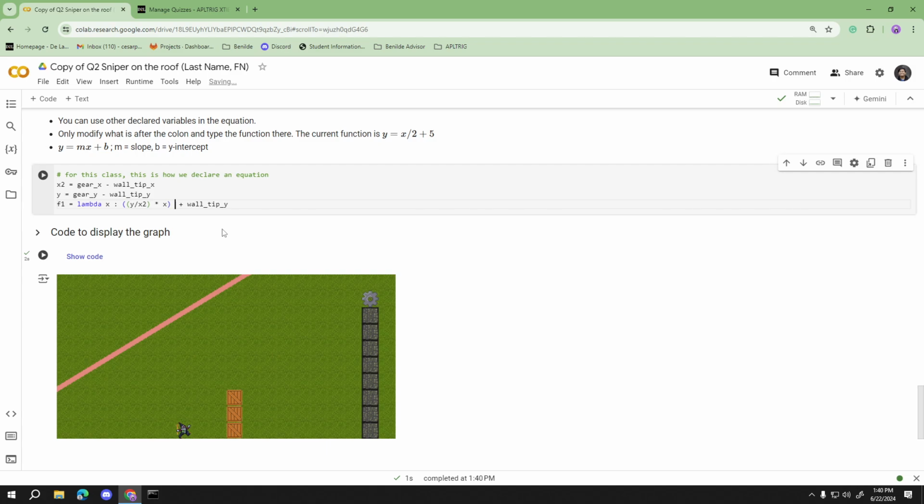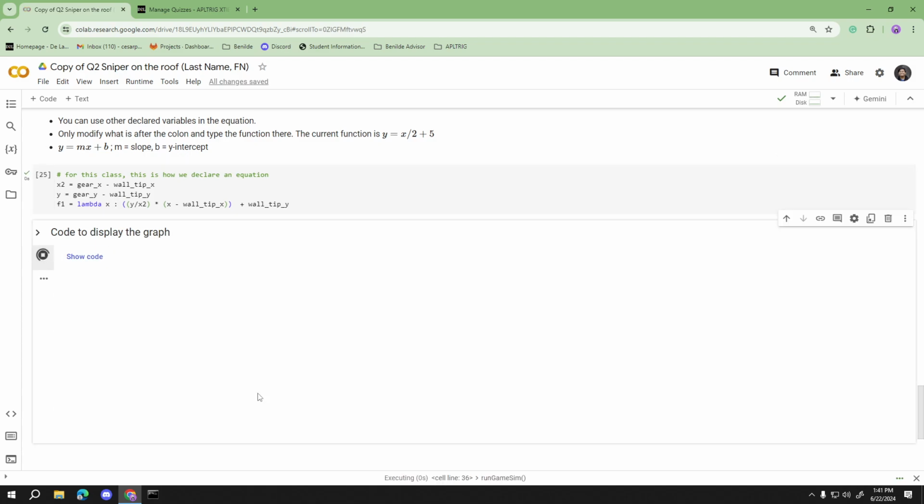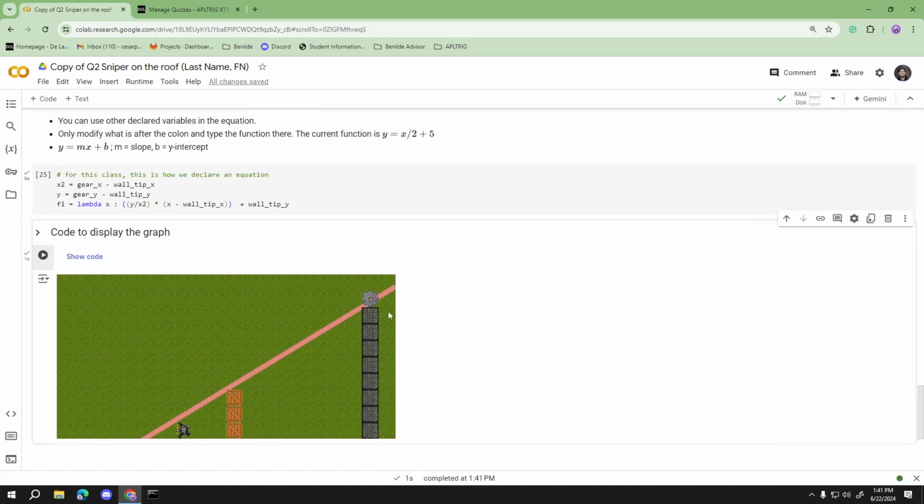So what is this? Right, so we do have to minus this with wall tip x. And there you have it.